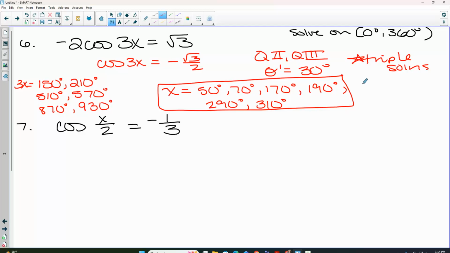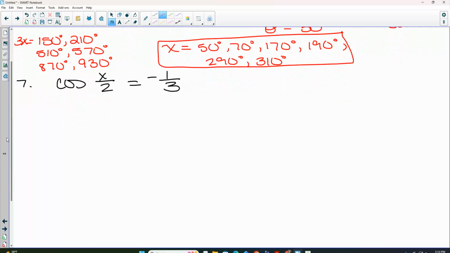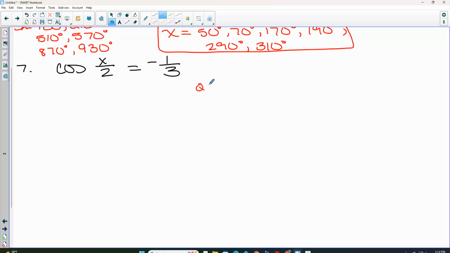And then question number 7. When is cosine negative? Reference angle. I do not know when cosine is 1/3, so that means we use our calculator. Do cosine inverse of a positive 1/3. So my angle, which is x over 2, could equal, in quadrant 2, 180 minus that.